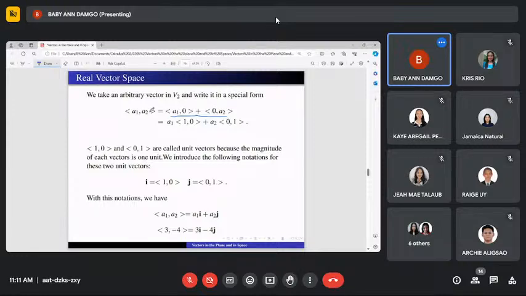Okay? So these 1, 0 and 0, 1 are the unit vectors. If you are in V3, the unit vectors are 1, 0, 0; 0, 1, 0; and then 0, 0, 1.